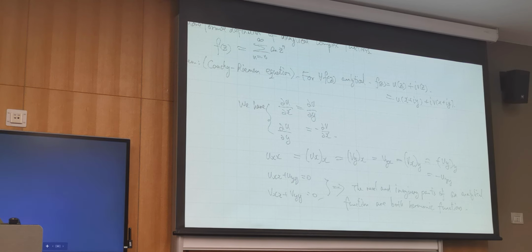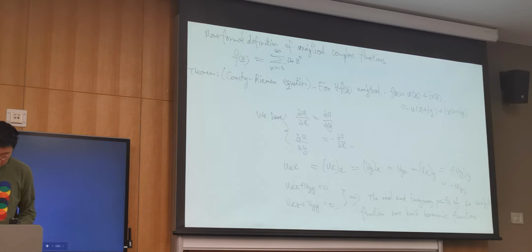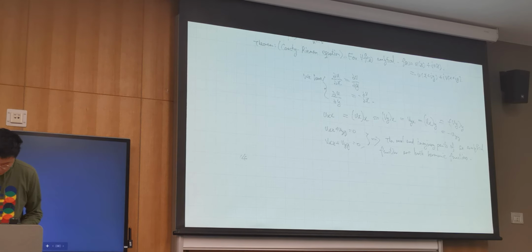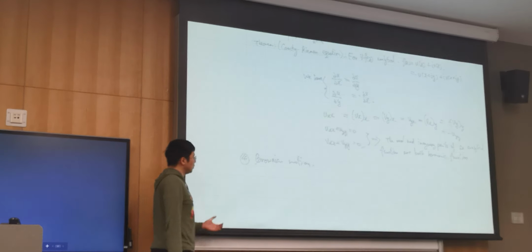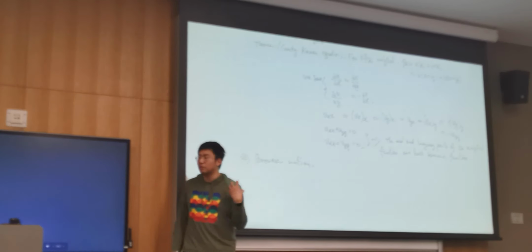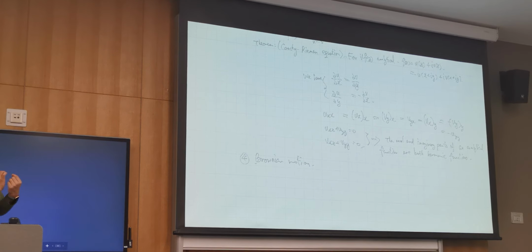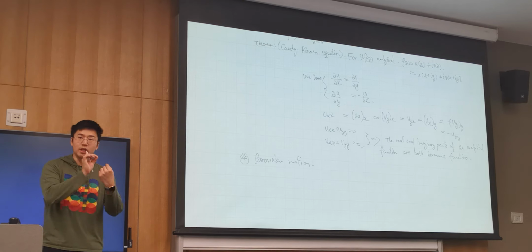One more example. So, example number 4, which is the Brownian motion. In the previous lectures, we have established that we can describe the Brownian motion, which is that a point is moving completely randomly in the space.